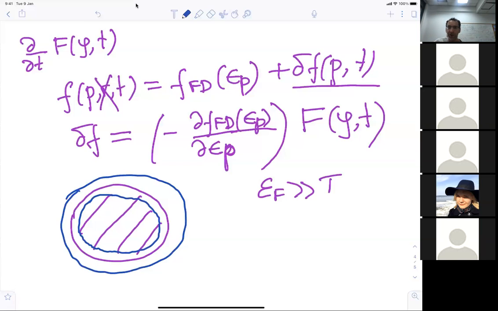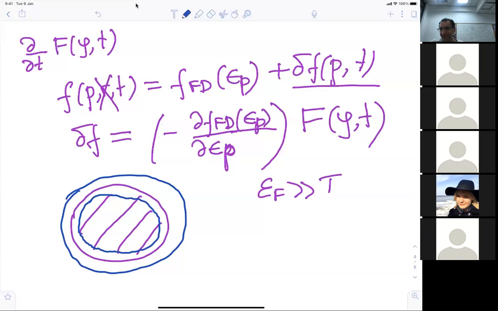It's very important that we are considering an angle dependent deviation from the Fermi surface, because deviations that are angle independent will give rise to no current. Is this statement absolutely clear? Okay. Or not?